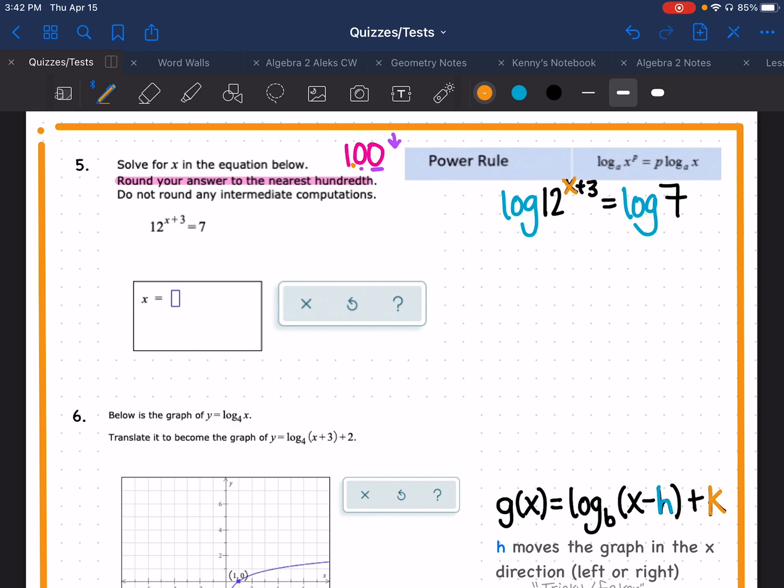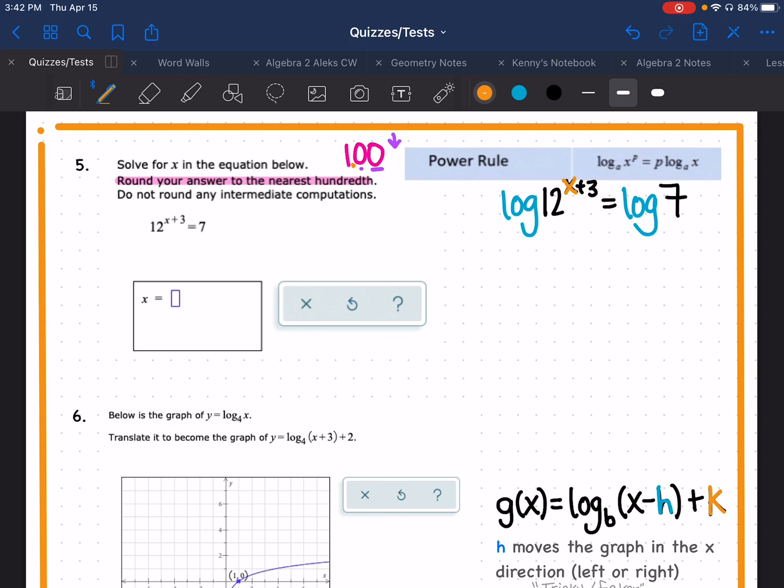I want to get the x by itself. So what the power rule says is once you have the log of both sides, and remember I can do this because logs and exponentials are inverses of each other. So when I take something like 12 to the x plus 3 power and put a log in front of it, these two undo each other, and I can get rid of it.